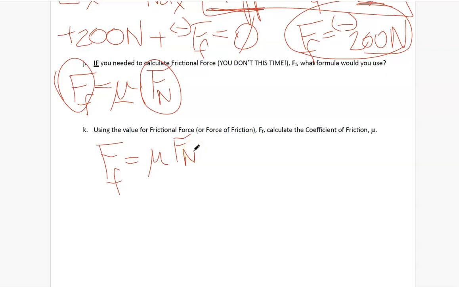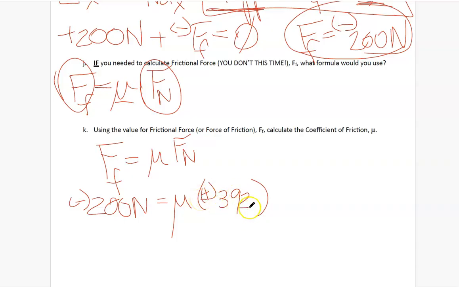So we substitute our numbers. We know the friction is 200 newtons, and this is where it's really important to remember, don't assign the positive or negative just yet. Equals mu times the normal force, which we know is in the positive direction, but we're just going to write the number, 392 newtons.